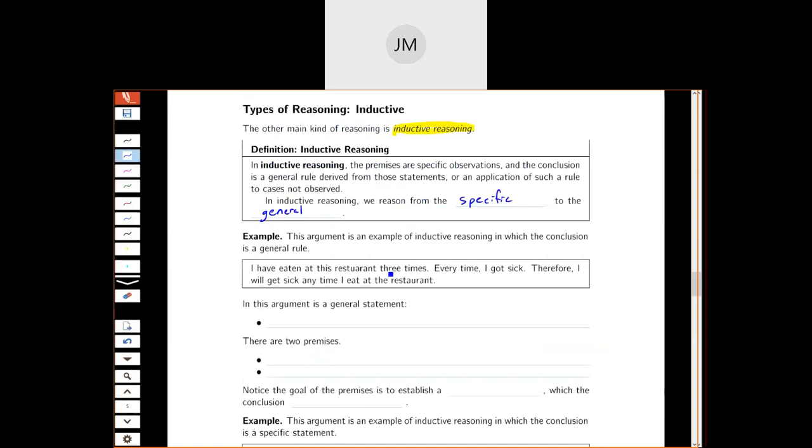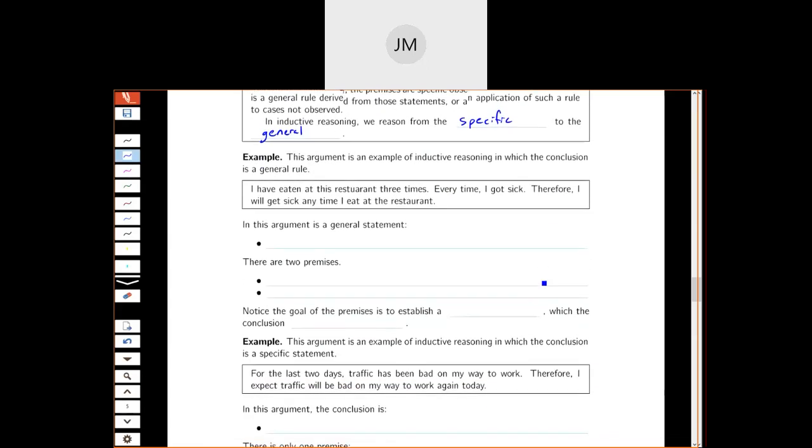Let me give you an example to help illustrate this. I have eaten at this restaurant 3 times. Every time I got sick. Therefore, I will get sick anytime I eat at the restaurant. So this argument is a general statement, "I will get sick anytime I eat at the restaurant."